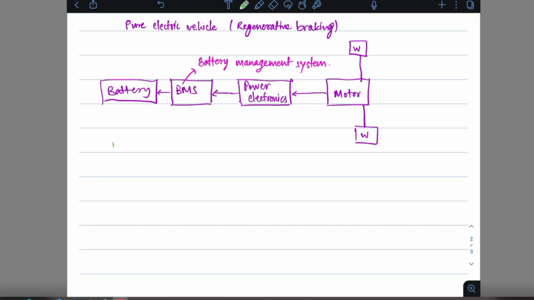So first thing is, what is the objective in this case? Let's write down the objective.